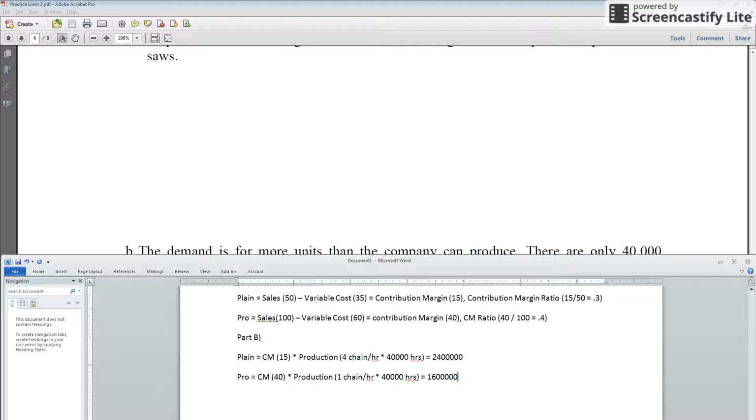Based on these two numbers, we suggest to produce only the plain saw, because its contribution margin is bigger than the professional one.